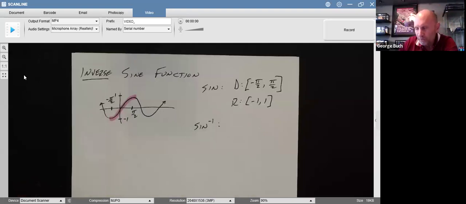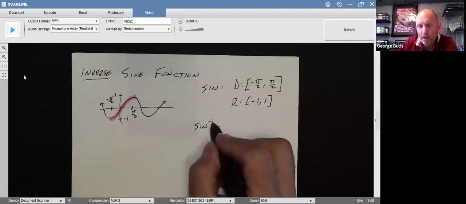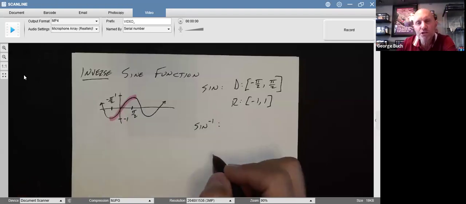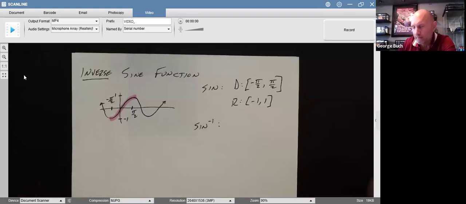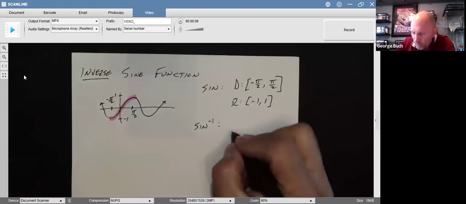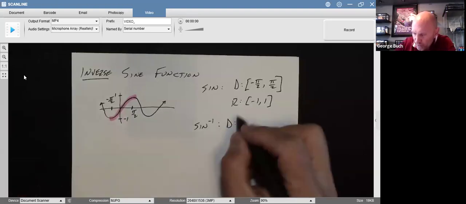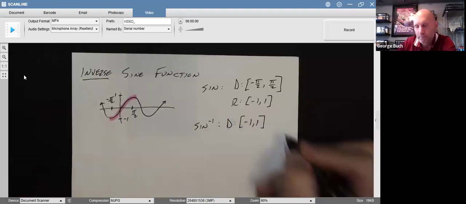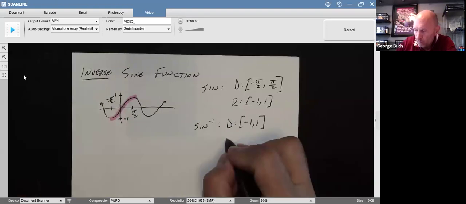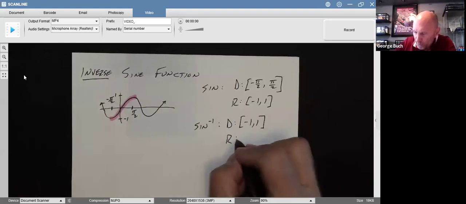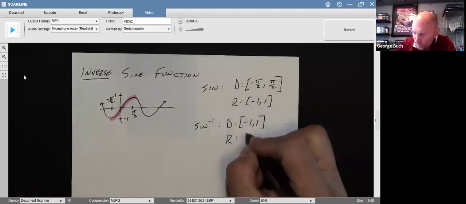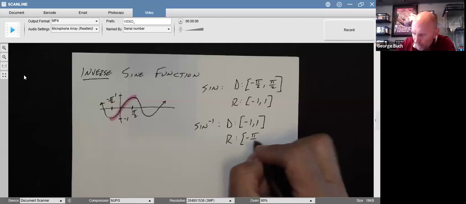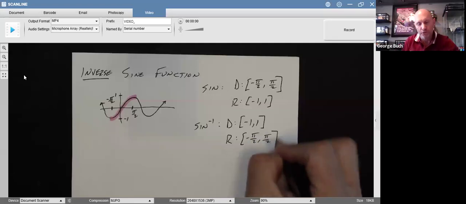Same thing here: sine inverse, sine to the -1 power. Well, what was the relationship? They just switched. So whatever the range was in the base function is now the domain for the inverse function, and whatever the domain was is now the range, -pi/2 to pi/2 with brackets, for the inverse function.